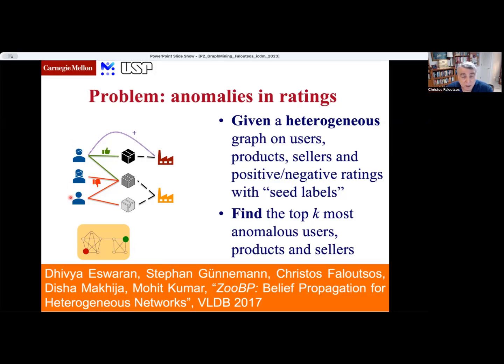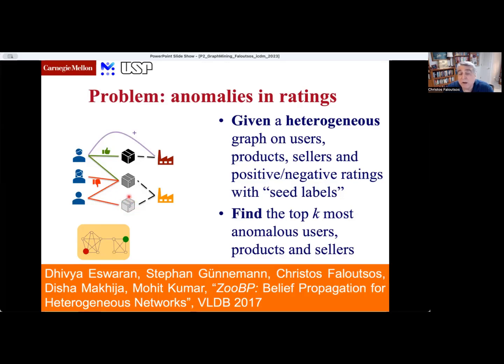One type of nodes is buyers, another type is products, a third type is manufacturers. We have four types of edges: a thumbs up edge, a thumbs down edge, a plus edge where this person trusts this manufacturer, and a black edge showing which manufacturer manufactures what product. And suppose that we know that this is an honest person and this product is malware.